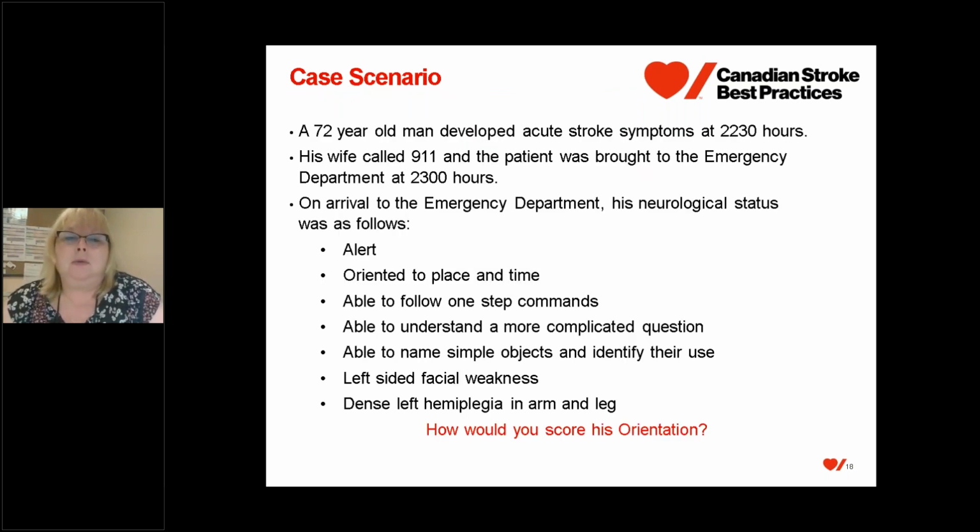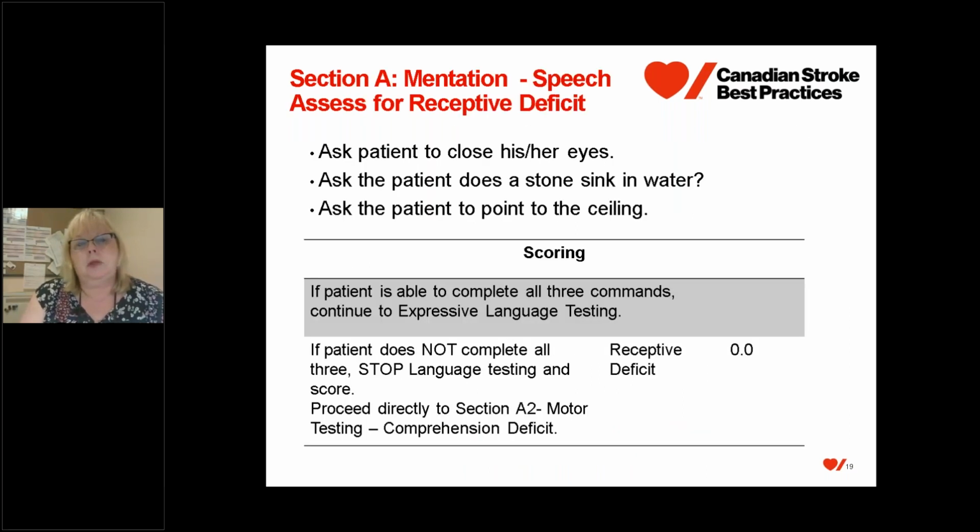So if we go back to our case scenario, how would we score his orientation? He would be scored as oriented as the patient is oriented to place and time.